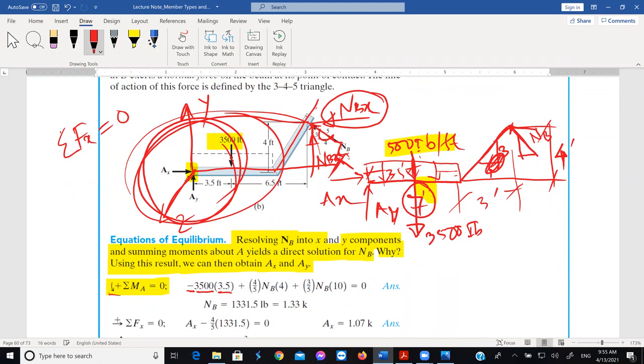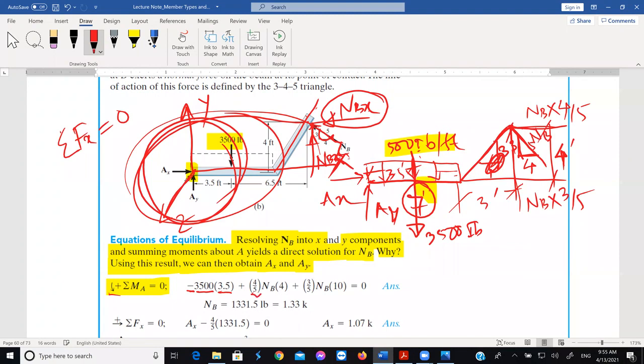If we want to transfer our angle to about this NB axis, I think we have learned these things from engineering mechanics or analytic mechanics. This dimension is going to be 4, that's going to be 3, and that's going to be 5. So NBX will be NB times the horizontal component, 4/5, and the vertical component of this force, NBY, will be NB times 3/5.